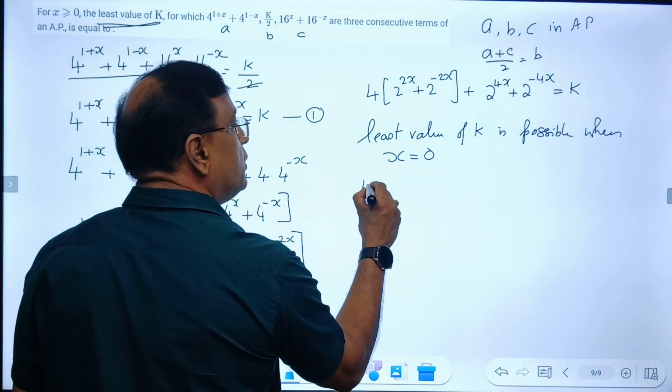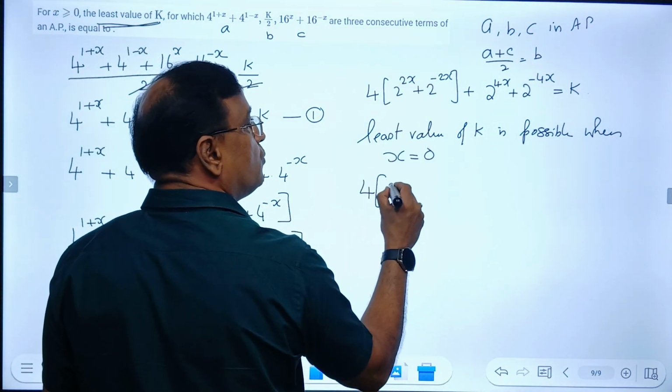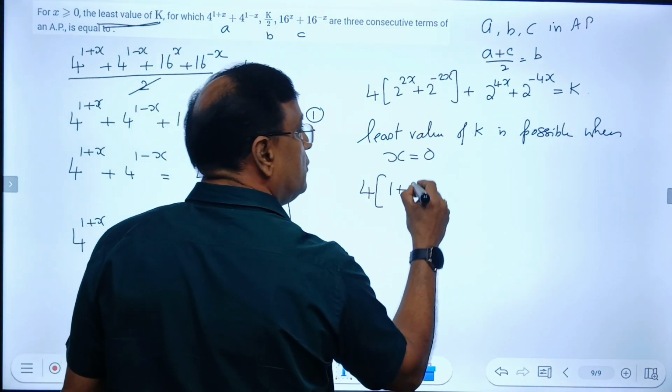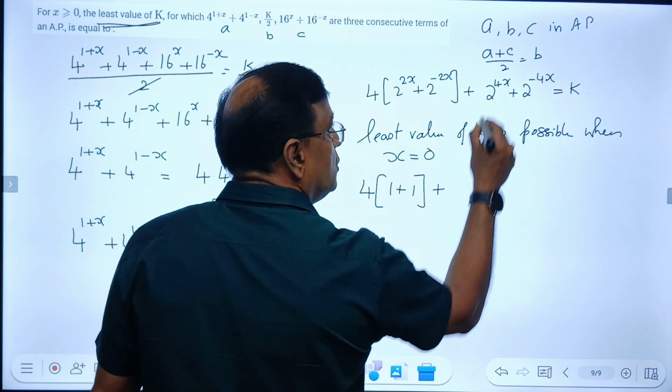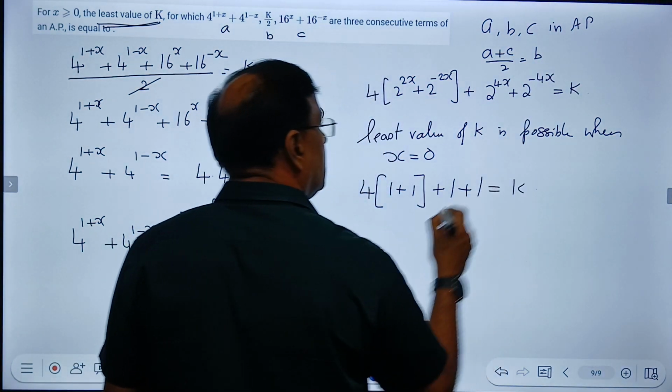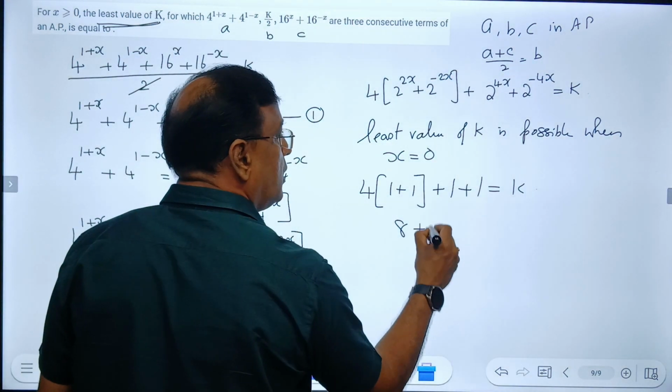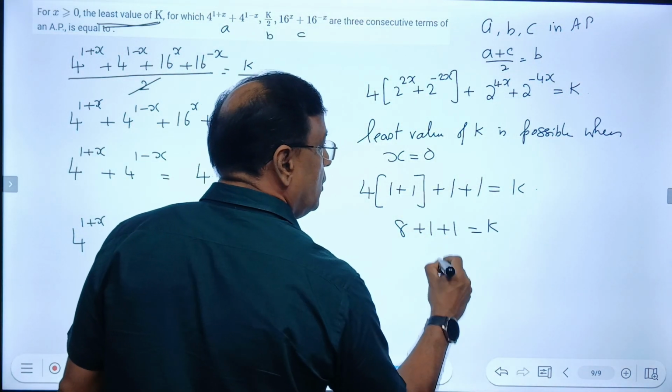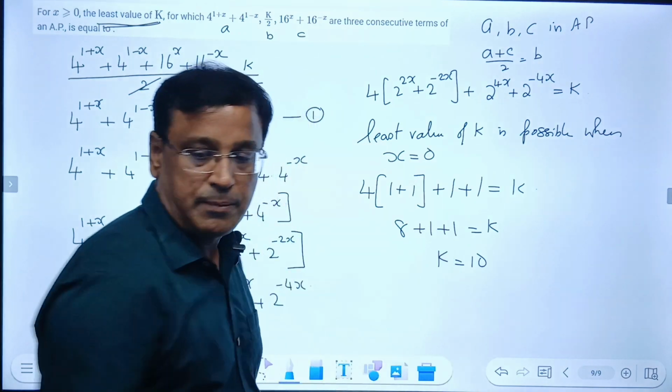So I get 4 into 2 power 0 is 1, 2 power 0 is 1, so no change, 2 power 0 is 1, 2 power 0 is 1. So I get 8 plus 1 equal to K. So the K value is 10.